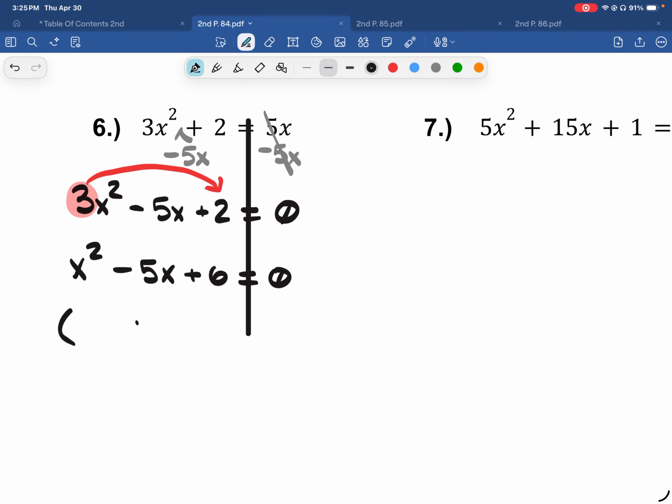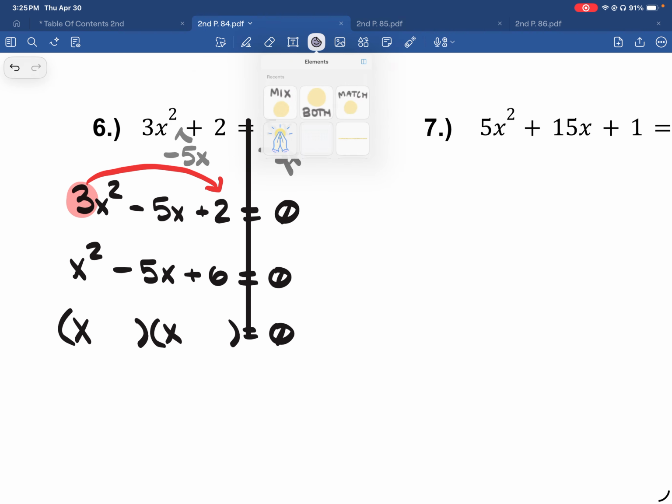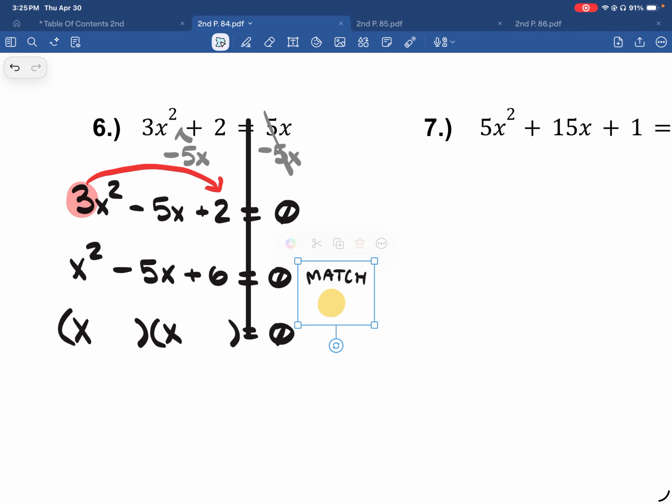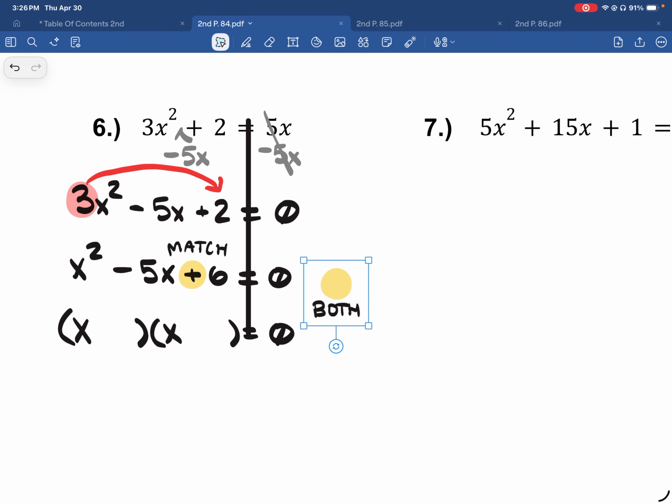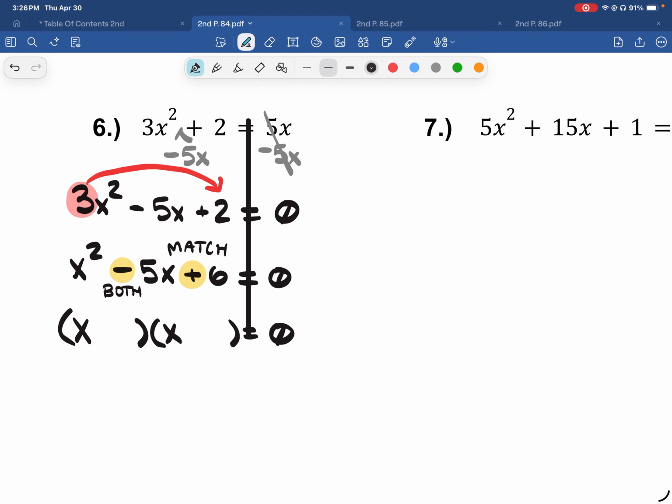I'm finally ready to find the factors that multiply to positive 6 and add to negative 5. Now, since it multiplies to a positive, the signs match. Since they match and add to a negative, they are both negative. So I know I'm looking for two negative numbers whose product is 6 and whose sum is negative 5.